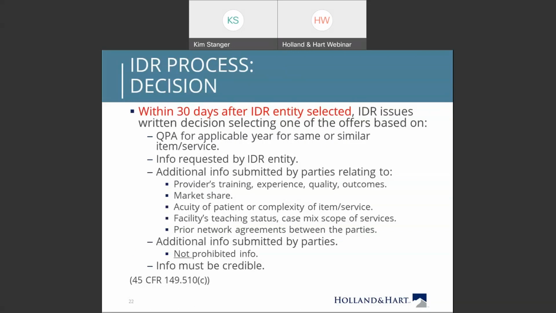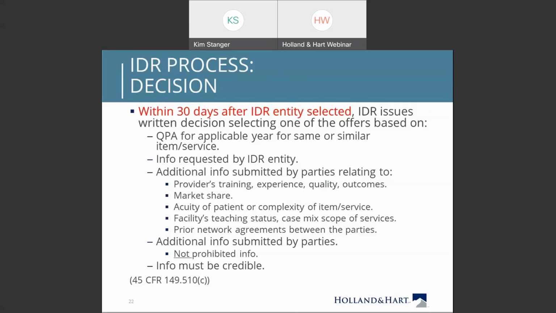They can also consider any information that was requested by the IDR entity, and additional information submitted by the parties relating to the provider's training, experience, quality, or outcomes, market share, acuity of the patient or complexity of the item or service, the facility's teaching status, the case mix, scope of services, and the like. Prior network agreements between the parties, including efforts to negotiate an agreement, or any additional information that was submitted by the parties, so long as it's not prohibited information.